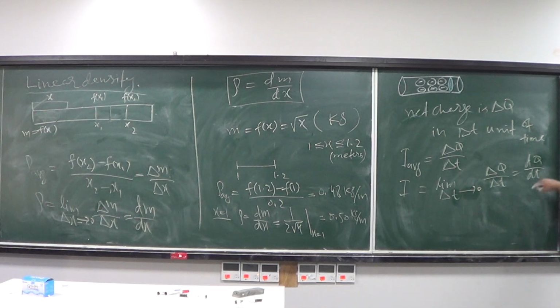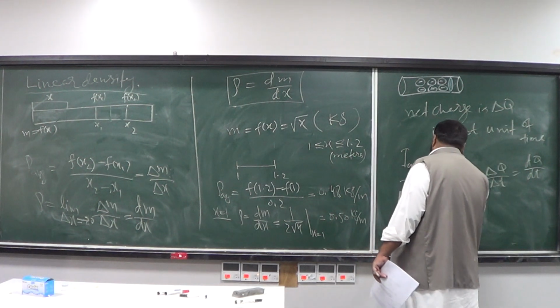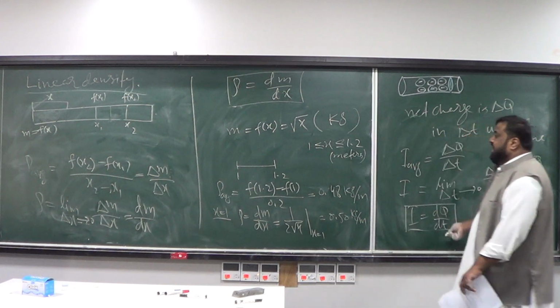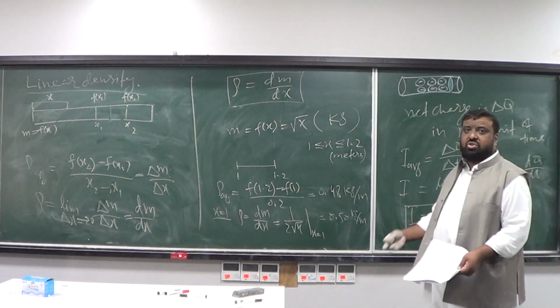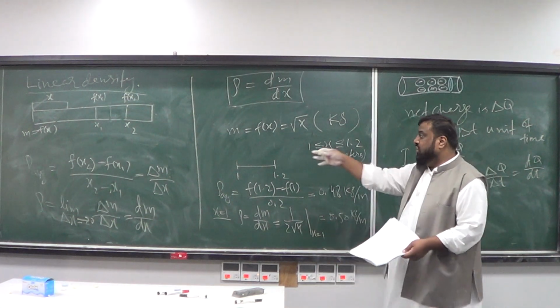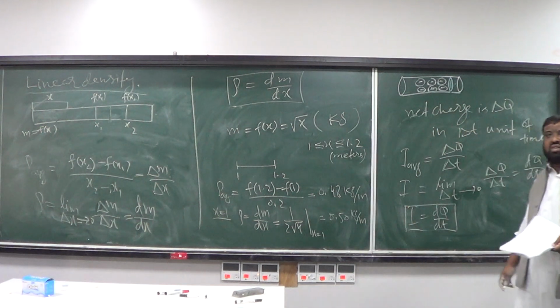This is the precise definition of instantaneous current. So you can see another interesting thing: the same notion of the derivative that was modeling density here is modeling current.